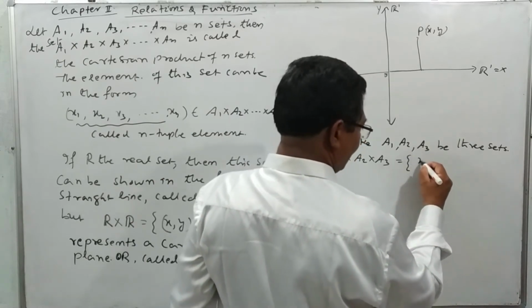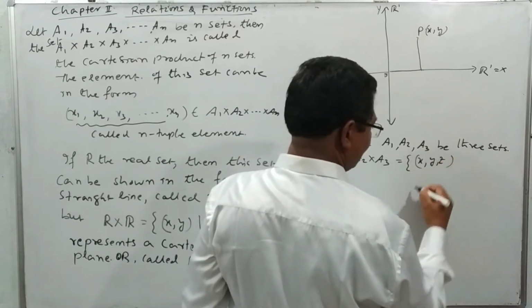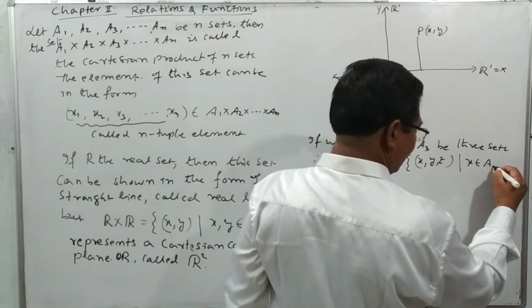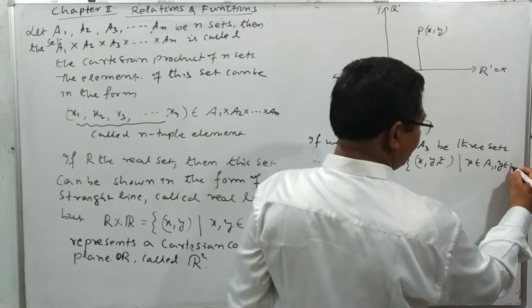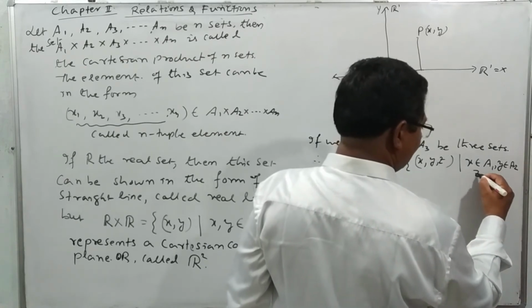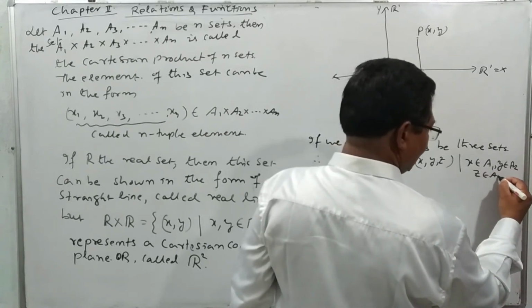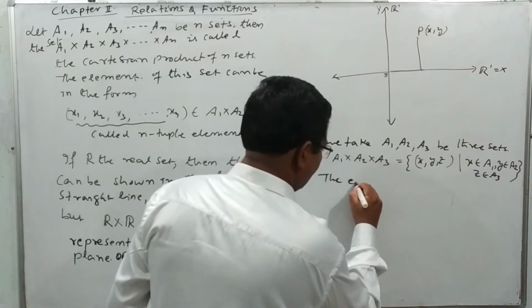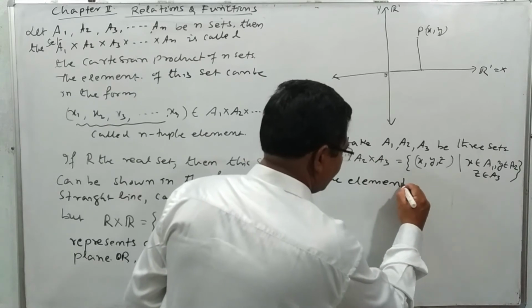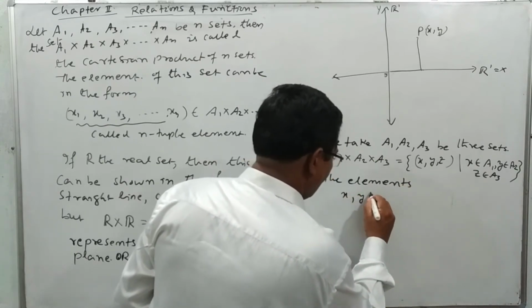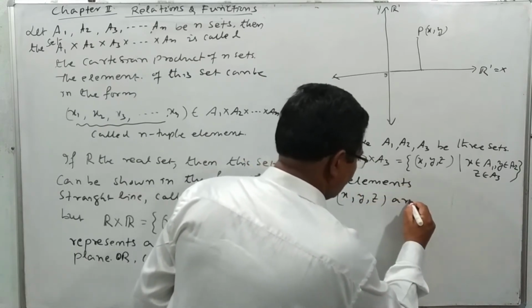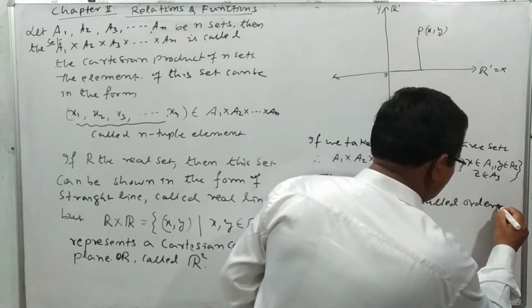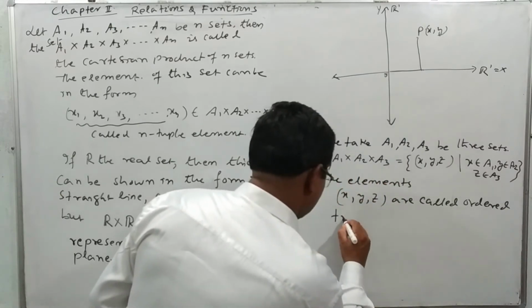I write (x, y, z) such that x is in set A1, y is in set A2 and z is in set A3. The elements (x, y, z) are called an ordered triplet.